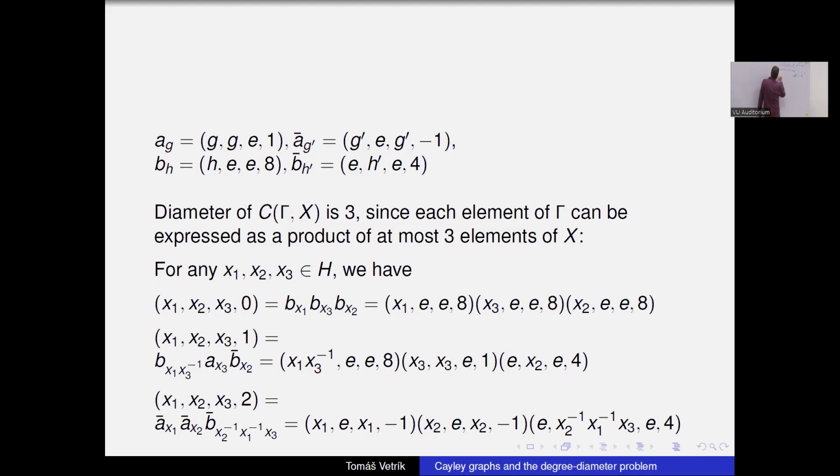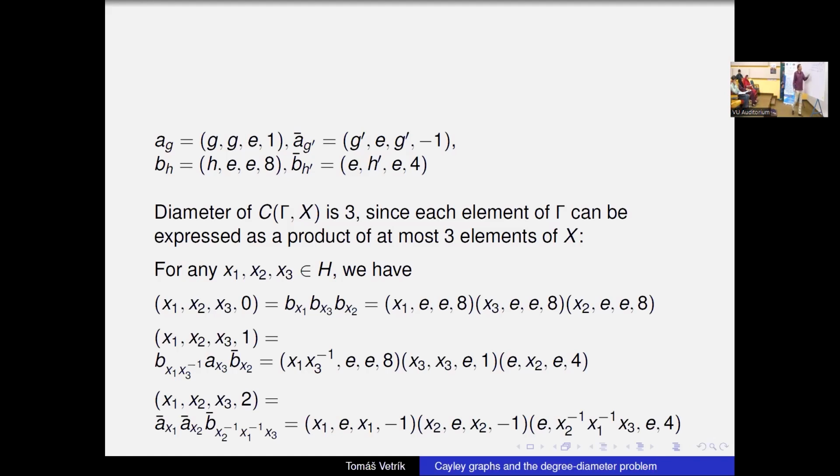So if you take generator 0, 0, 1 plus 0, 1, 0 plus 1, 0, 0. Let me put the commas so we are not getting confused. You will get this element. Okay? It means that to get from this element to this element takes you 3 steps. 1 step, 2nd step, 3rd step.